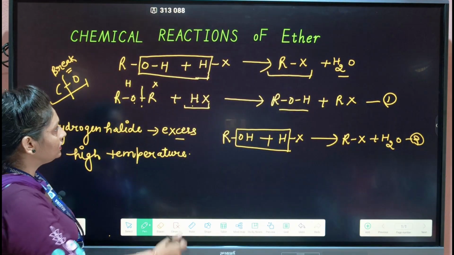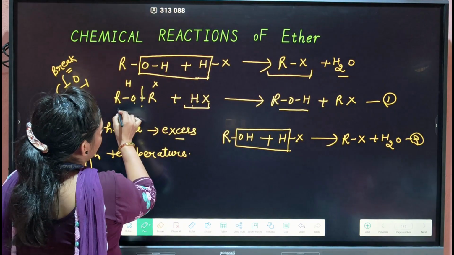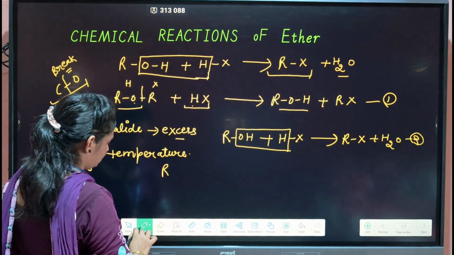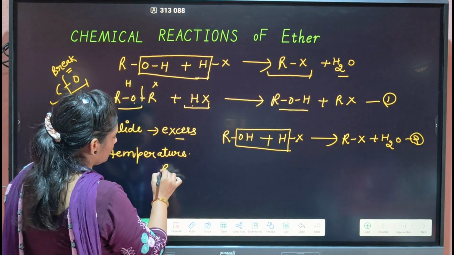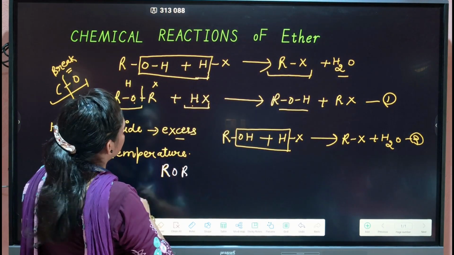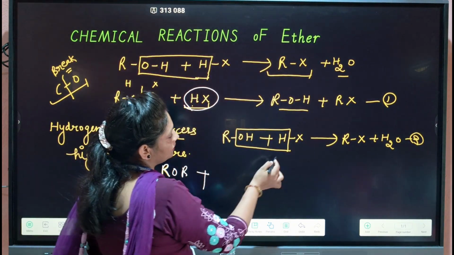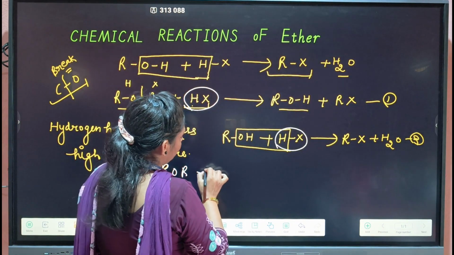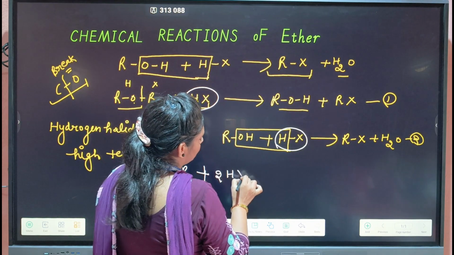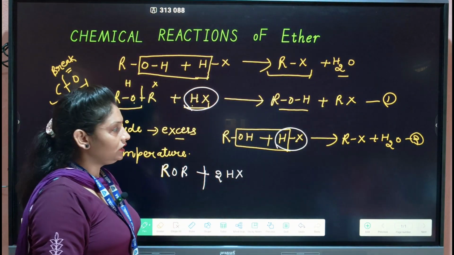How can we write? By combining these. Here ROR plus 1 unit of hydrogen halide plus 1. We will add reactant into reactant, so 2 units of the hydrogen halide.